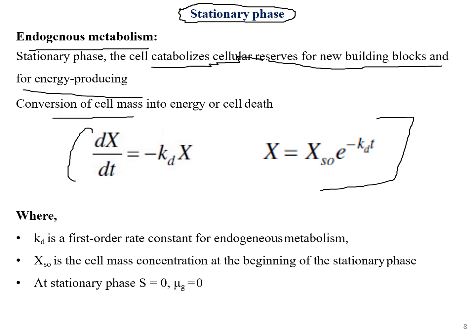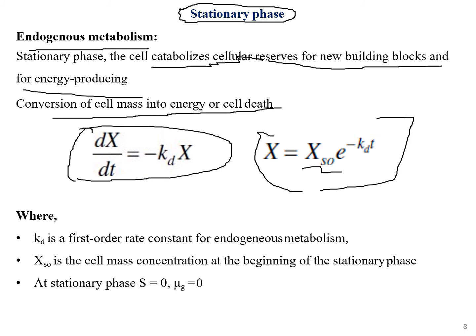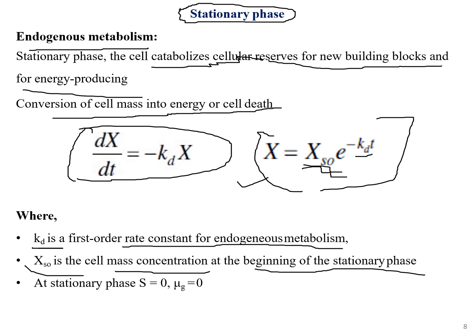Also, the conversion of cell mass into energy or cell death is given by x equals x_s0 e to the power of k_d t. After integration we found this. In this, k_d is the first order constant for endogenous metabolism, and x_s0 is the cell mass concentration at the beginning of the stationary phase.